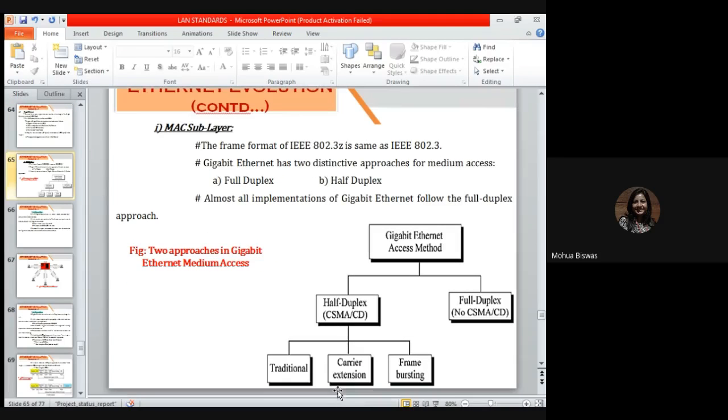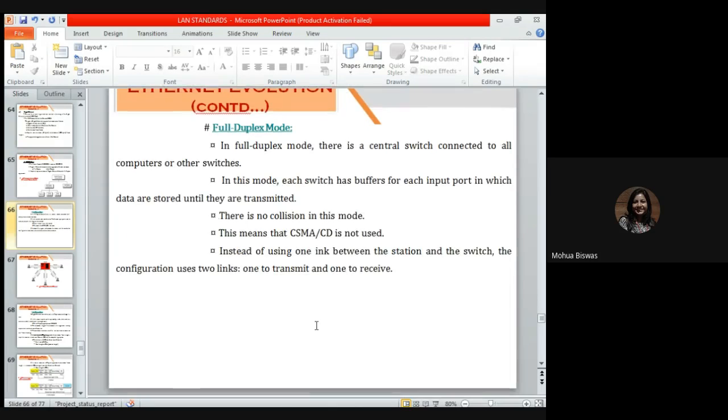For the time being, just draw this diagram. Drawn, everyone? Okay, next.